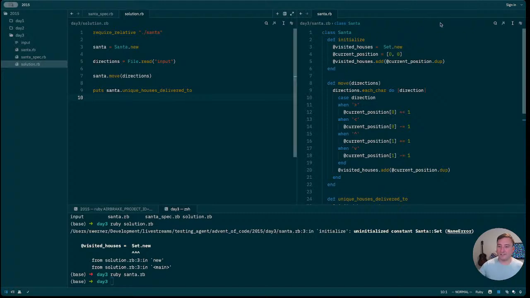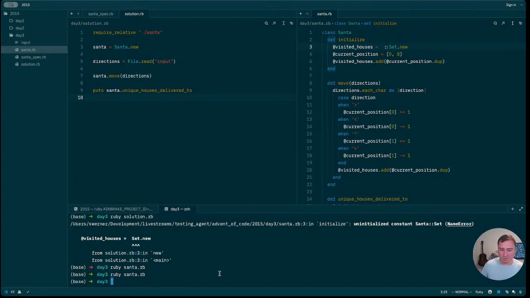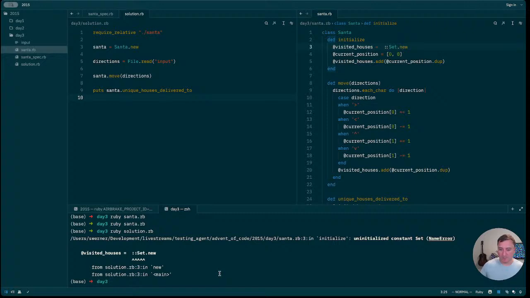I'm going to try to change the implementation file here to figure out what's going wrong. And initialize constant set. Why is it not giving me? Do I not have the right Ruby version?